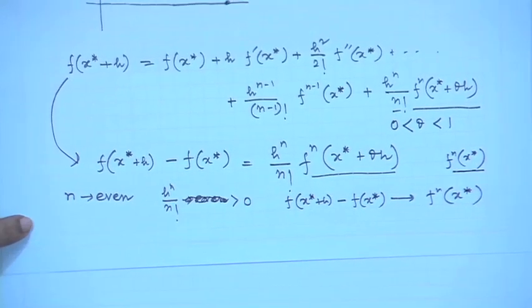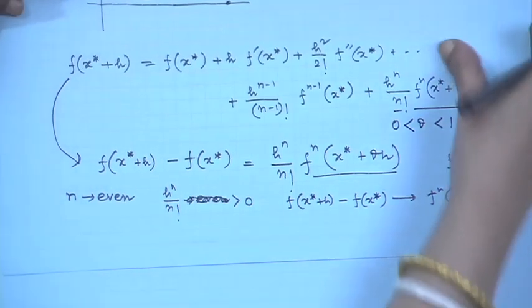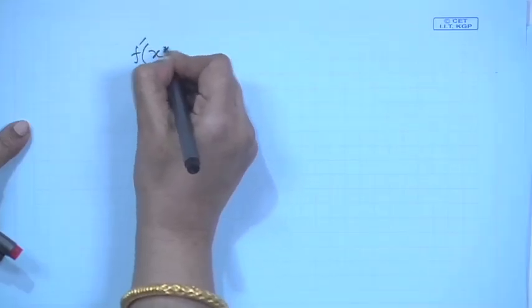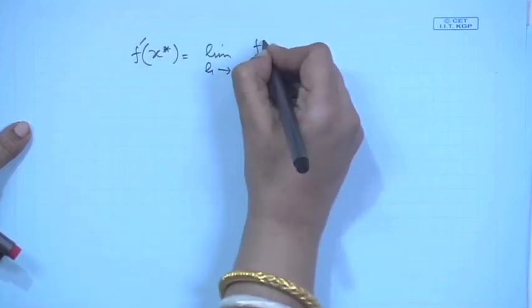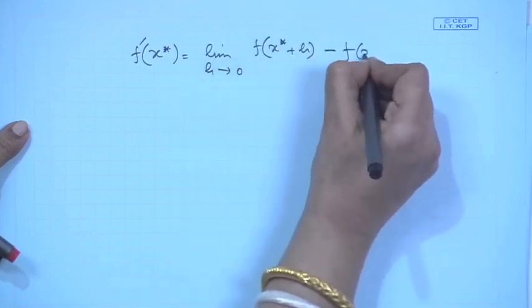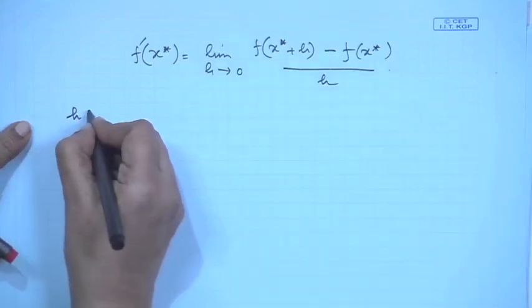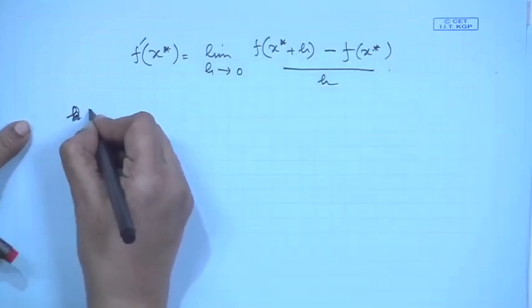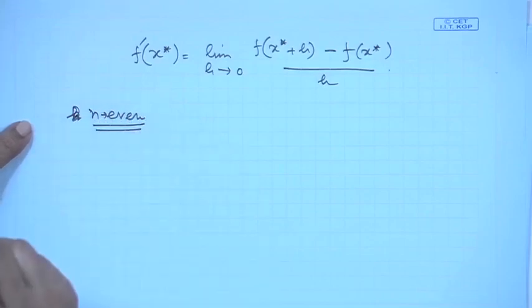All right. That means what we are getting from this fact, that we know the definition: f prime x star is equal to limit h tends to 0 of f of x star plus h minus f of x star, divided by h. We are saying that n is even. For this condition we are now first considering.